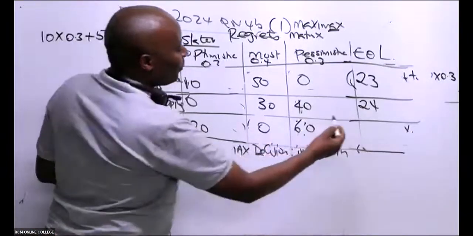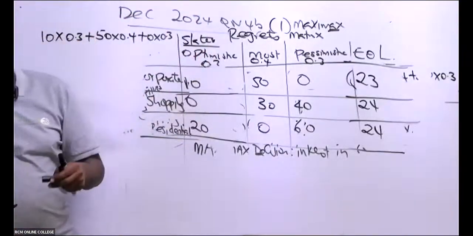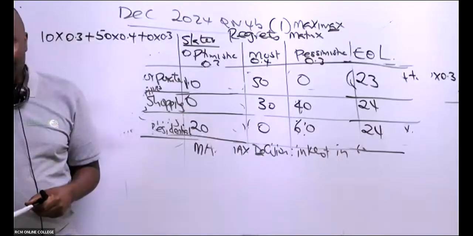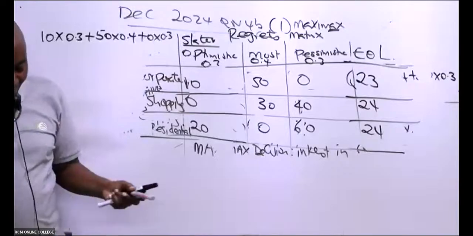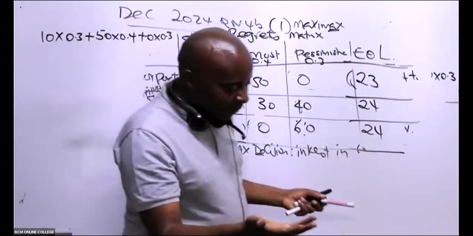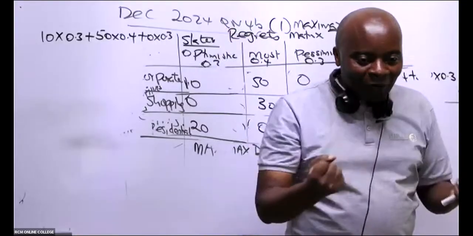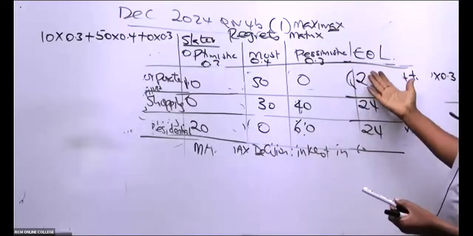Thank you so much. So in this case, would you kindly choose the very best EOL? This must be 24, isn't it? Let me ask you a question. Then you guys have never regretted in your lives, right? Because regrets, you cannot go for the highest. If you're saying 24, the very best loss, it's a loss.